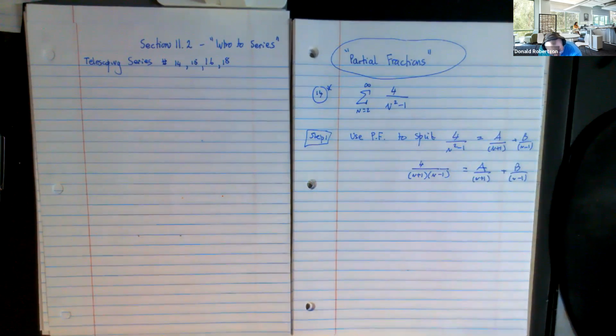And there are 2 distinct methods that we can use. One of them is called the general algebraic method, which I hope to avoid. Not that it's that hard, it just takes forever. And if you use that method, you will get the correct answer, but it'll take you 5 or so minutes to do it. And I want to show you a technique called the cover-up method, which is kind of magic, but it works.